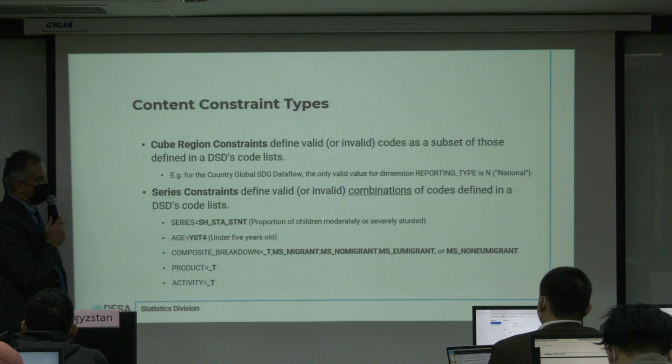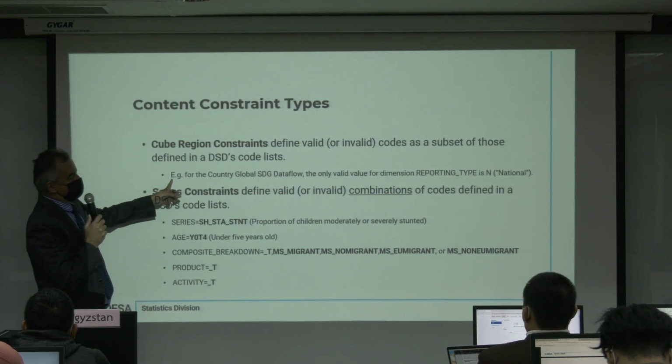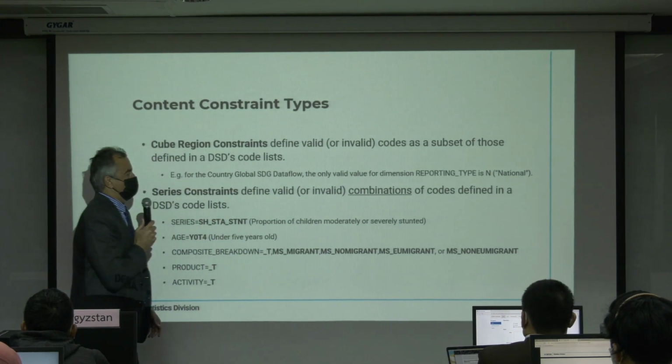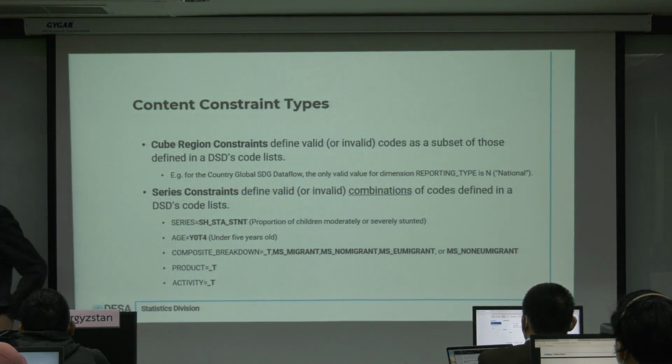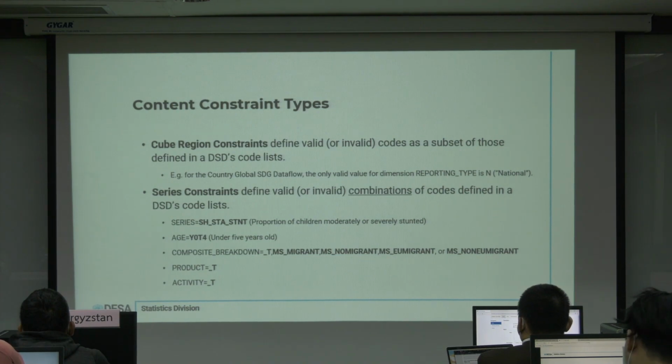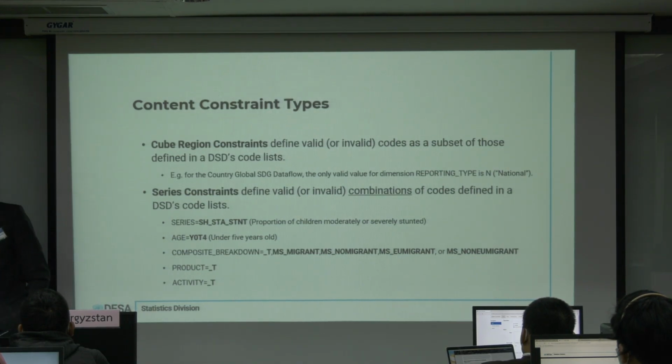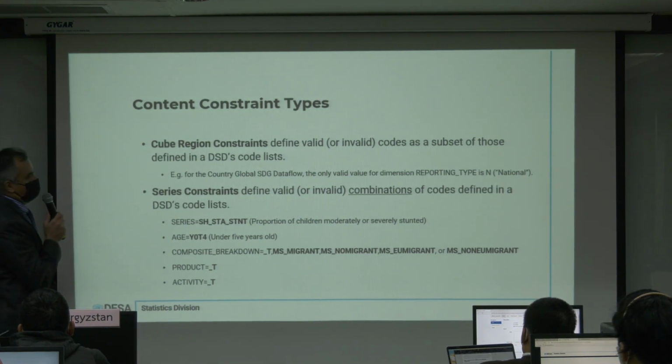In the case of the global SDG data flow, we have the country global SDG data flow, which is used for reporting by countries. And it has a cube region content constraint attached that says that for this data flow, the only valid value for reporting type is national, which is code N. So that ensures that global data cannot be reported against that data flow.